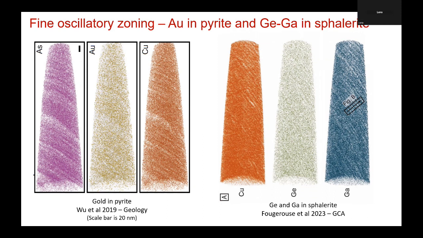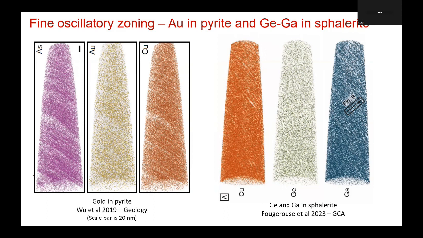So we have these variations of chemistry over a few nanometers. Same thing in sphalerites. This is copper, germanium, and gallium. And you can see we have these very fine oscillations of chemistry. So over the length of our crystal, we'll have millions, if not billions, of these oscillations.